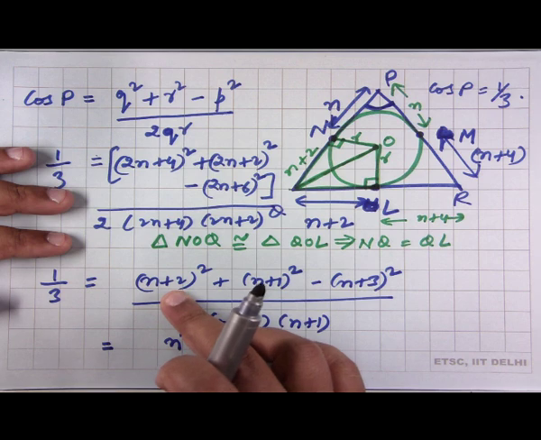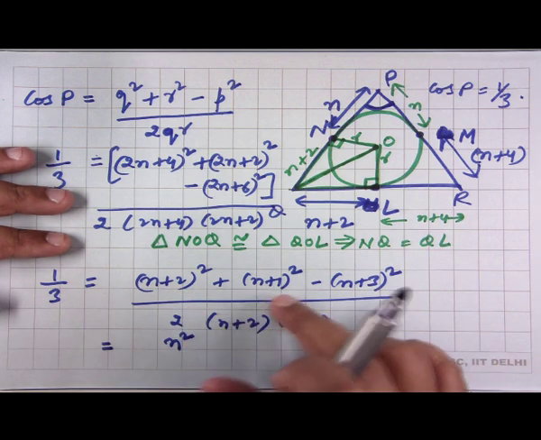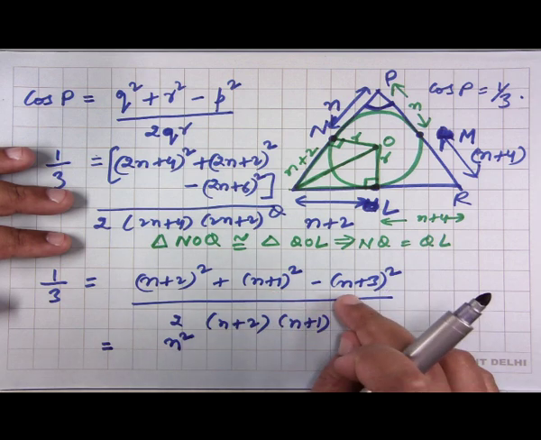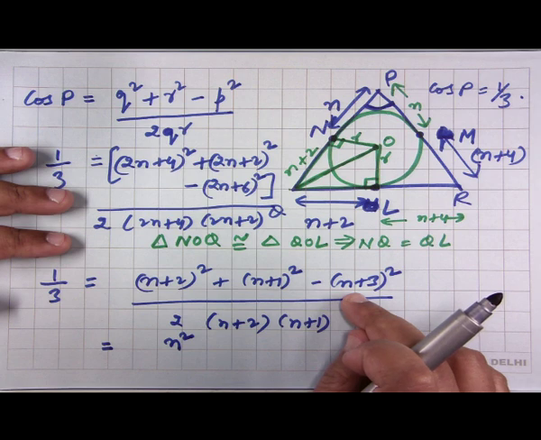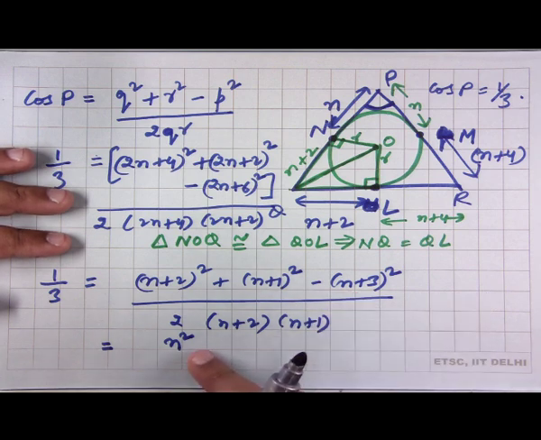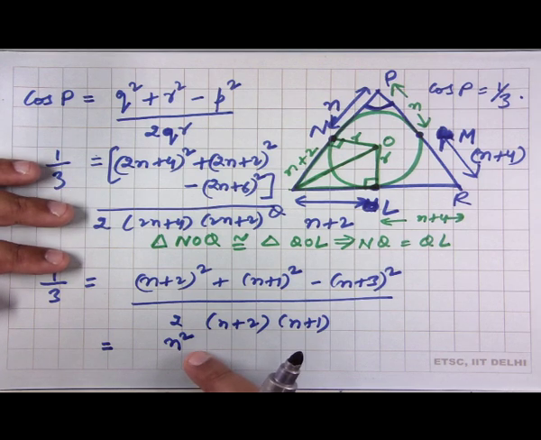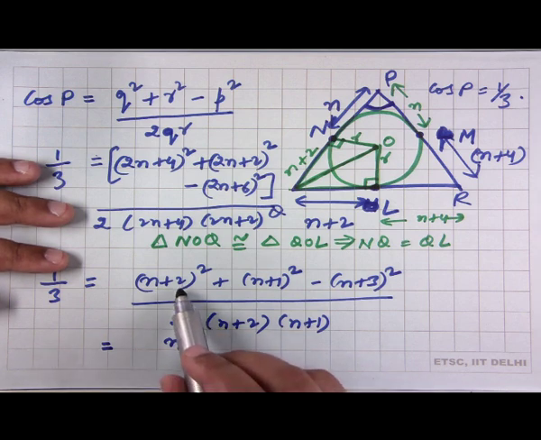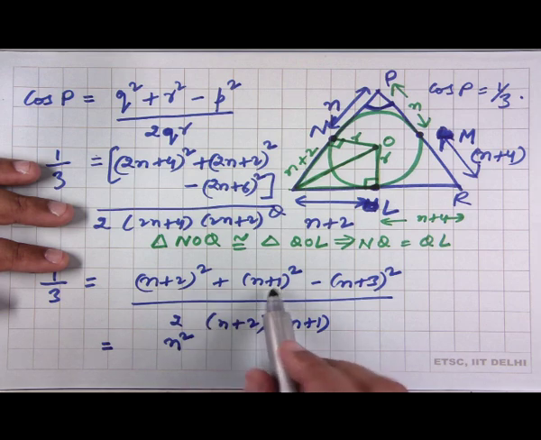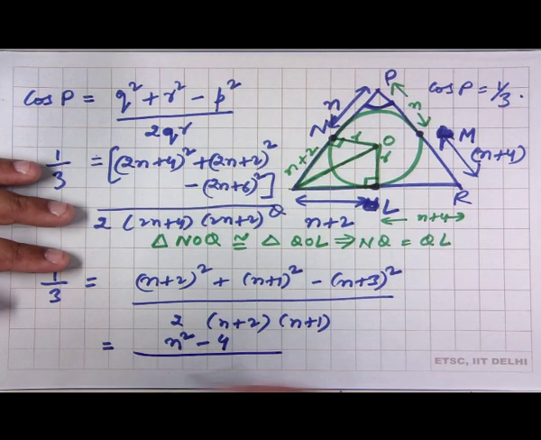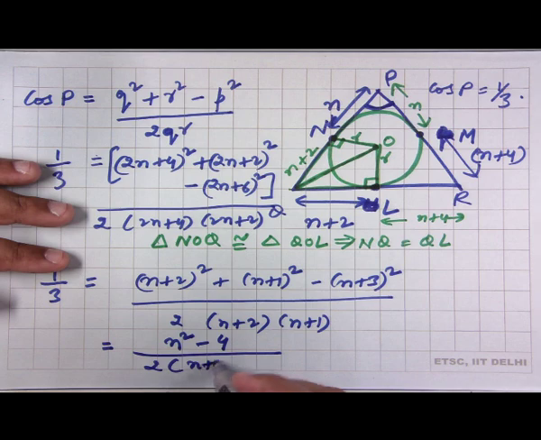There is a 4n over here, there is a 2n, so we have 6n, but then we have a minus 6n. So, essentially we do not have any term with degree 1 for n here, and the constant will be 4 plus 1 is 5, 5 minus 9, which is minus 4. So, this is the numerator divided by 2 into (n plus 1) into (n plus 2).